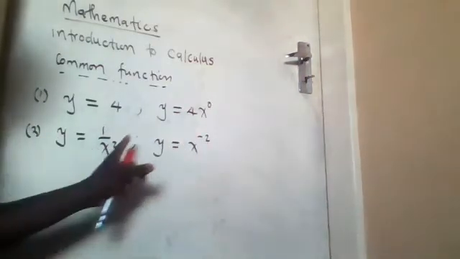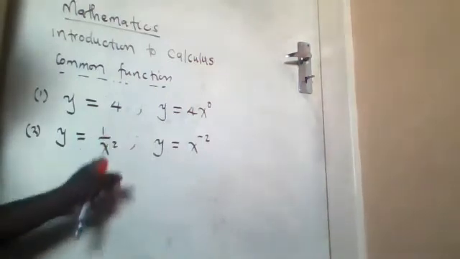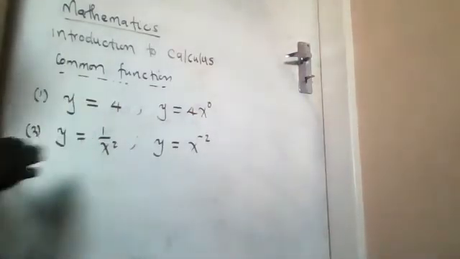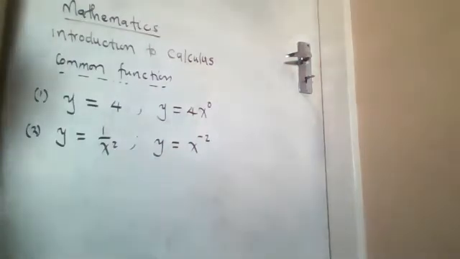So in making it positive, that's why there was a need to put 1 over something. That is one thing also you need to know, because this is the part which is a bit confusing when it comes to integration and differentiation.